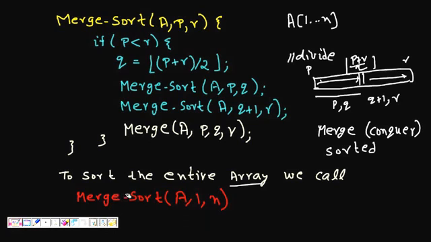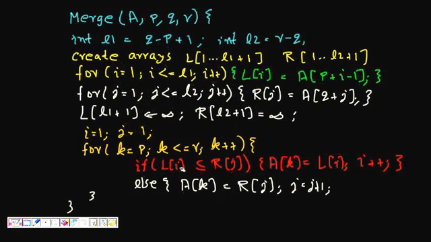merging two non-sorted arrays. Okay, so for merge we need the array, the first array and the second array, and we give these three arguments. P to Q is the first array and Q plus 1 to R is the second array.